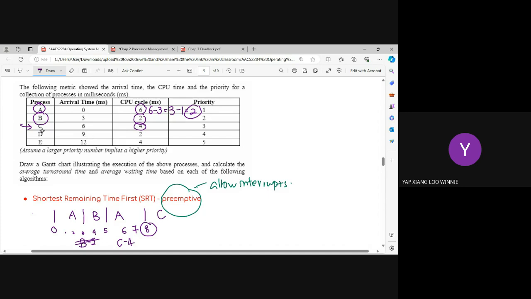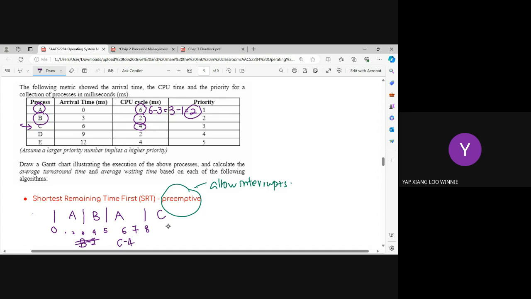At this moment, 8, the only process in the queue is just C. So your CPU cannot say, let me rest for 1 millisecond, then I continue. There's no such thing. There's only one process in the queue, so we just allow the CPU to process it. So at 8 milliseconds, our CPU is done processing A, so we continue to process C. So C is up.